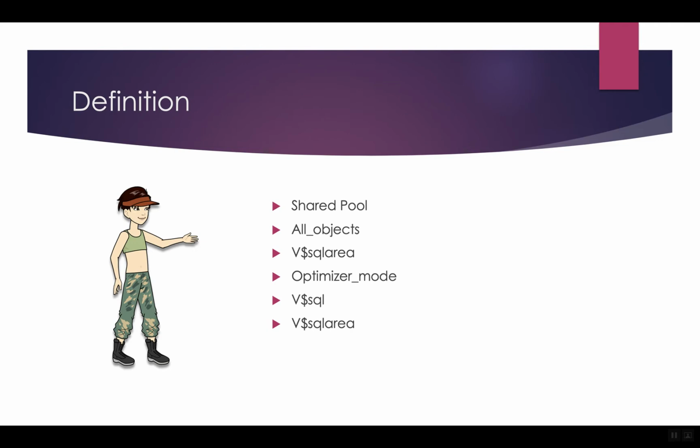These come as a child cursor. The objective is to avoid hard parsing, because the text of the SQL is the same as the parent SQL, which has already been hard parsed once.